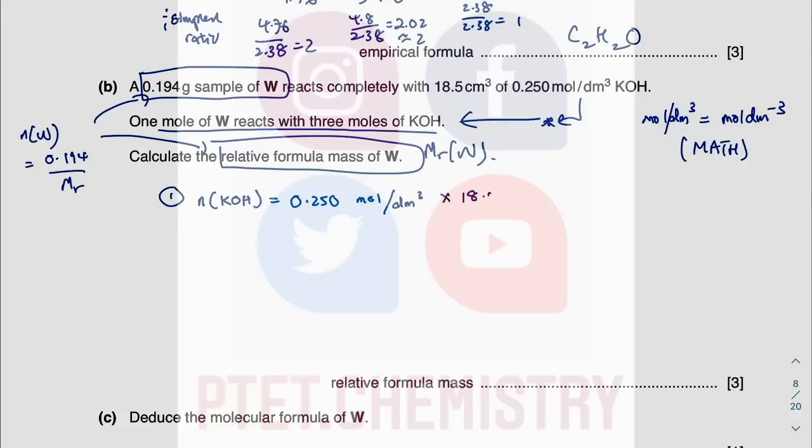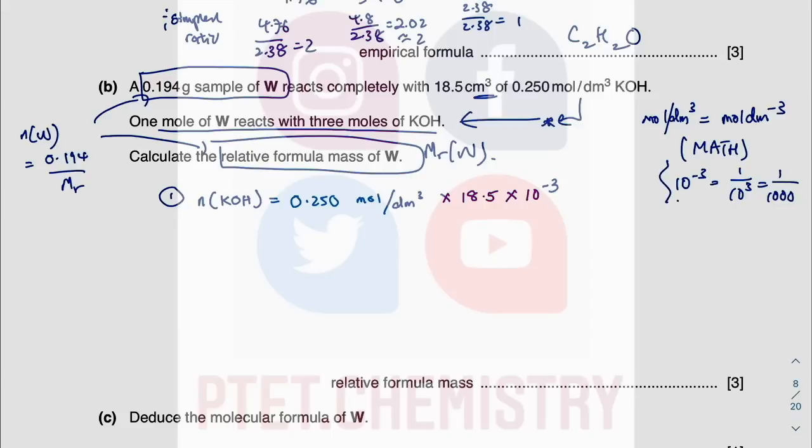That is multiplied by 18.5, but that is in cm cube. So to convert cm cube to dm cube, you multiply by 10 to the minus 3, and that's exactly what I'm doing here. You could divide by 1000, it's the same as multiplying by 10 to the power minus 3. 10 to the minus 3 is 1 over 10 to the 3, which is 1 over 1000. That is your O-level maths again.